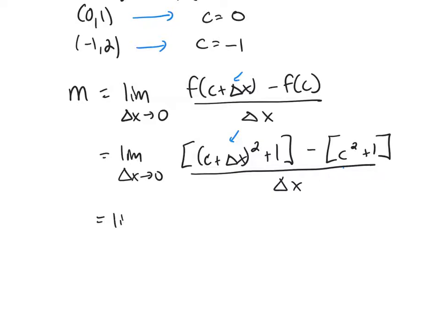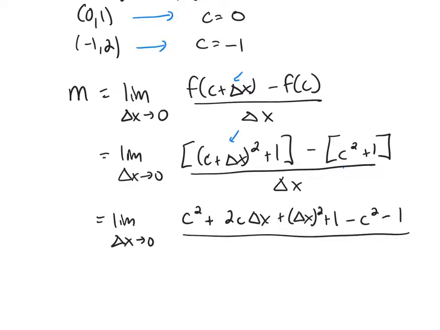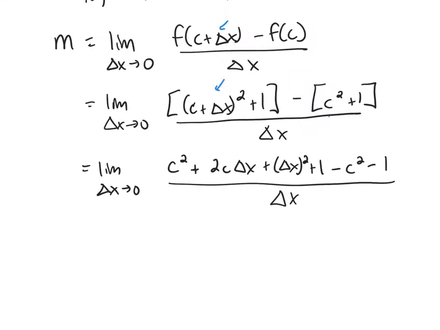So if you FOIL that out, what are you going to get? You're going to get c squared plus 2c delta x plus delta x squared plus 1. Let's go ahead and distribute this minus c squared minus 1. And you should see some things that cancel.